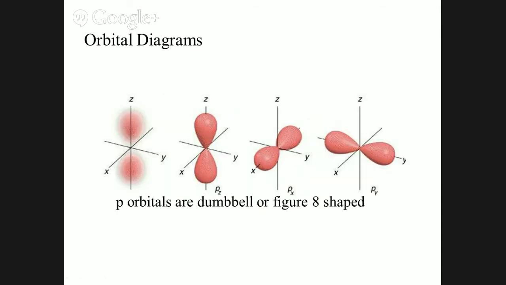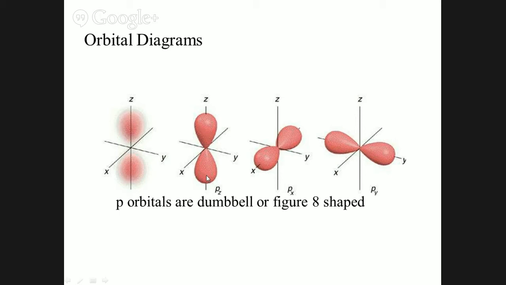Little bit more complicated when I get to the p orbitals. These have what are called a dumbbell shape or figure 8 shape. So the electrons can be somewhere in this region of space or somewhere in that region of space, possibly even going back and forth between the two, depending on how many electrons there are, up to a maximum of 2 in any region of space.